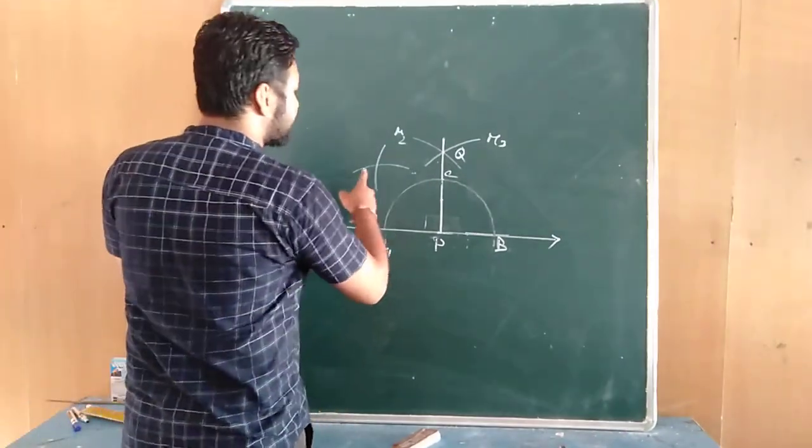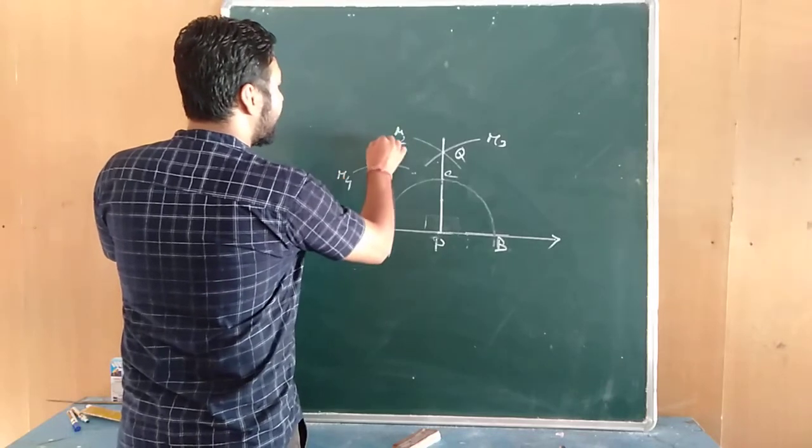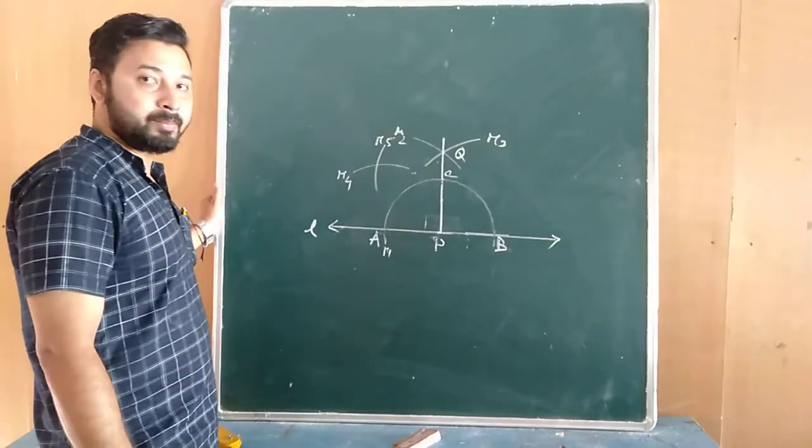The first arc is say R4 and this is R5. Yeah?